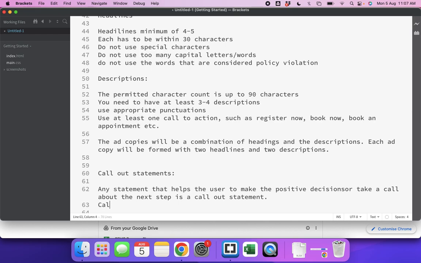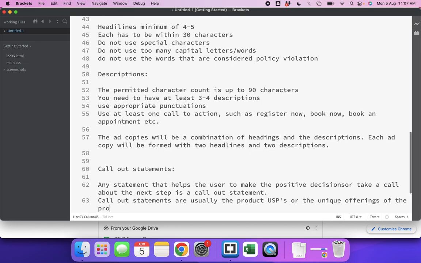Call out statements are usually the product USPs or the unique value of the unique offering of the product or service.